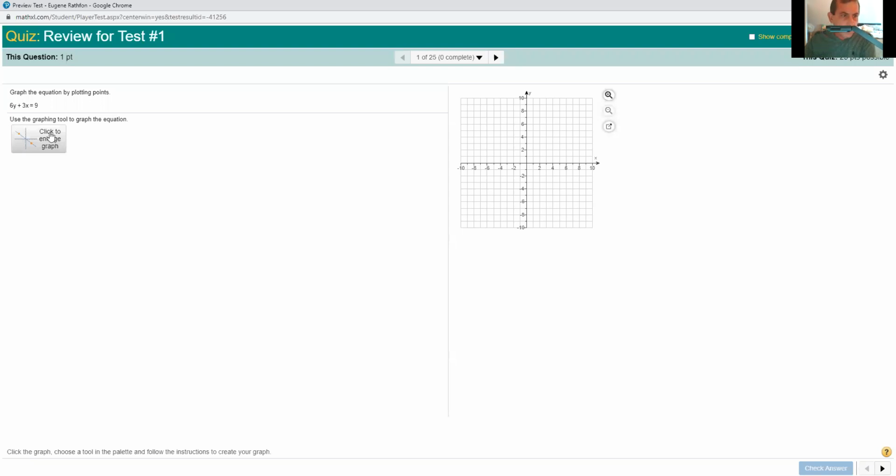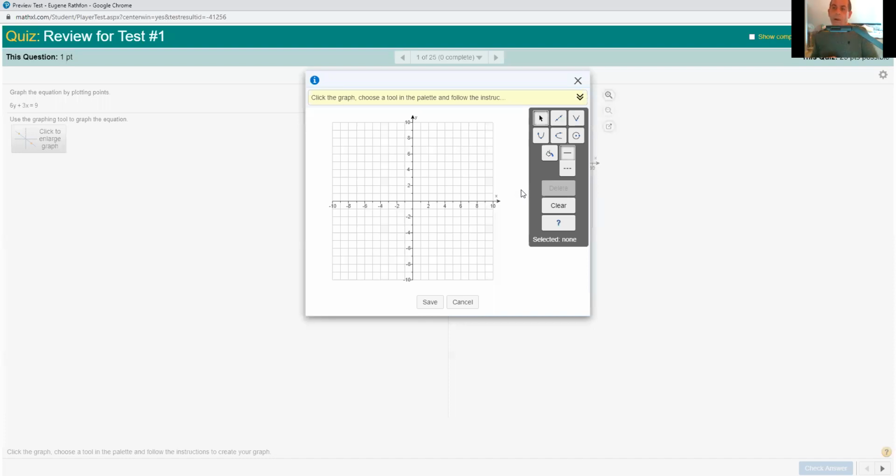All right, so I'm going to click on my graph. All right, so on my calculator, I'm going to go to y equals, and I'm going to graph that equation we just found. So I got y equals negative 1 divided by 2 x plus 3 divided by 2.